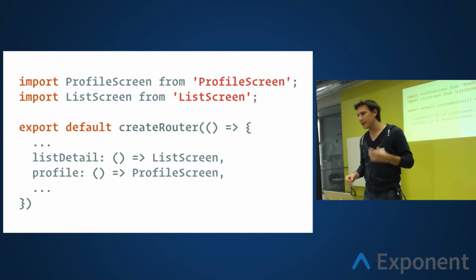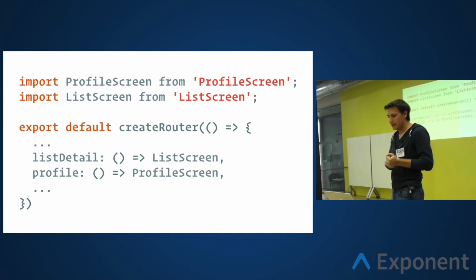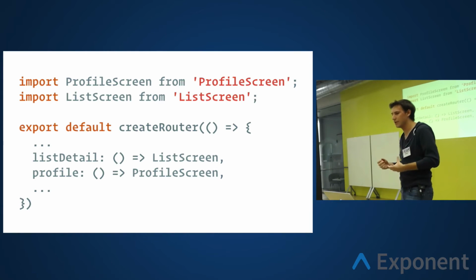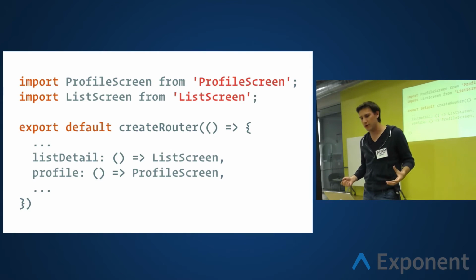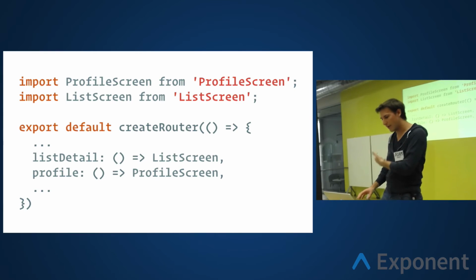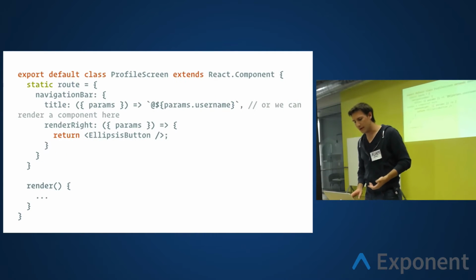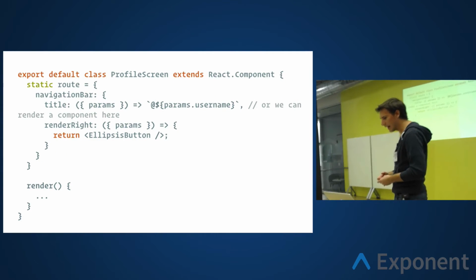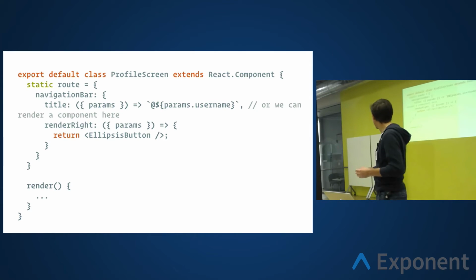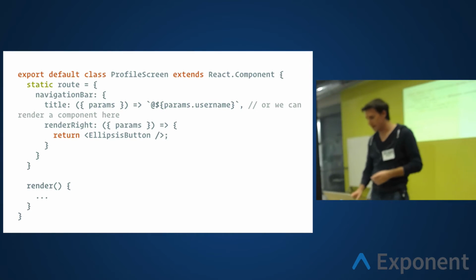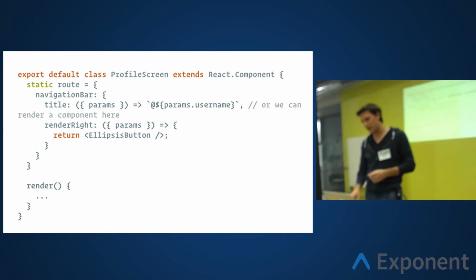So looking at some code here, when you're defining the routes in your app in XNavigation, your routes are actually your React components. Like I said, it's screen-based. So how are you building your screens? You're building them with React components. That's all you need to do to define a route. And then within the component itself, you define this static route property. Like I said, route configuration is co-located with your component.